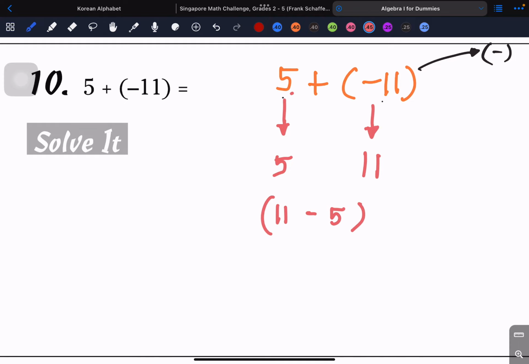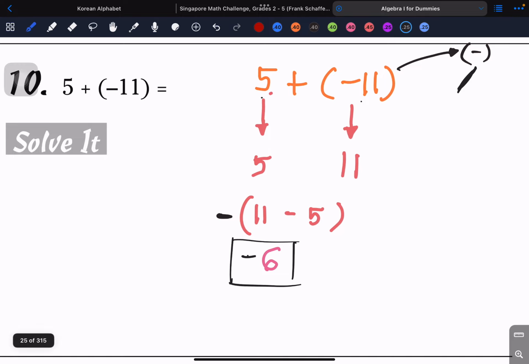Tapos, ang final answer natin, dapat daw may negative. So, dadalhin natin to dito. Ang 11 minus 5 ay equals to 6. Kaya ang answer natin ay negative 6. Pag dinraw mo yan sa number line, negative 6 ang kakalabasan mo.